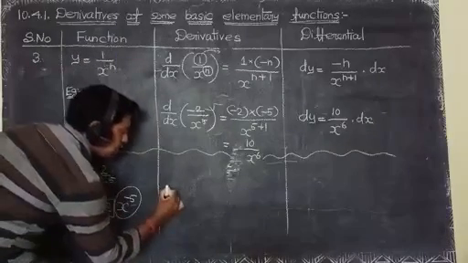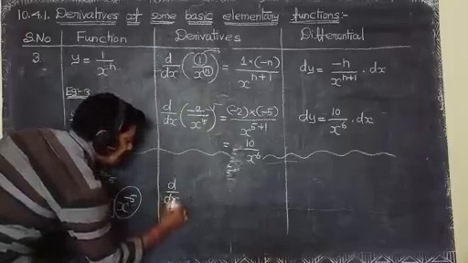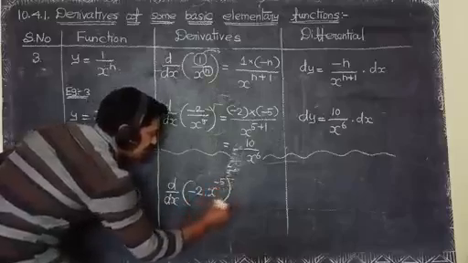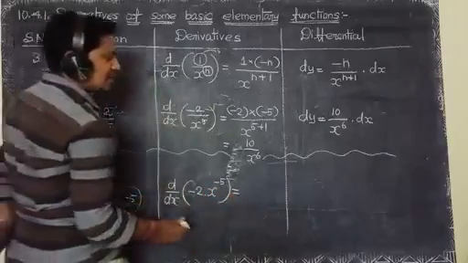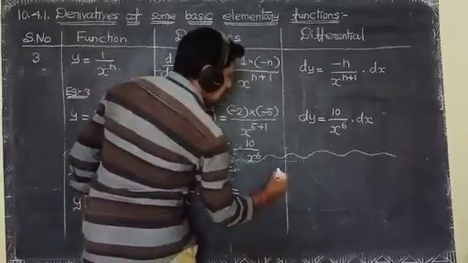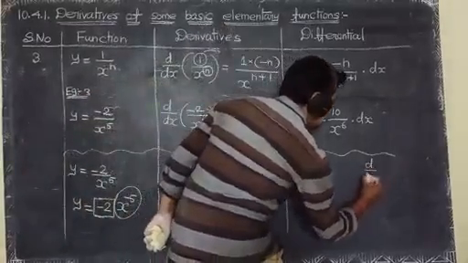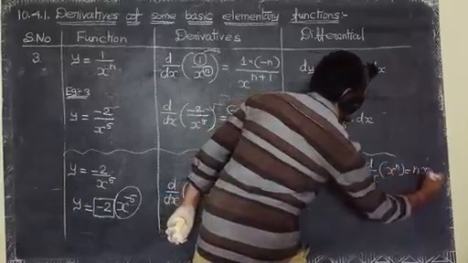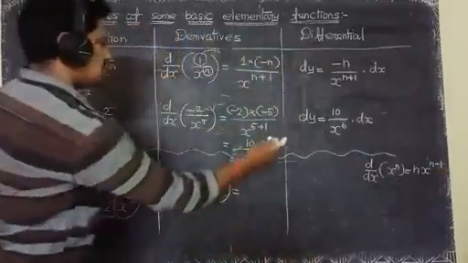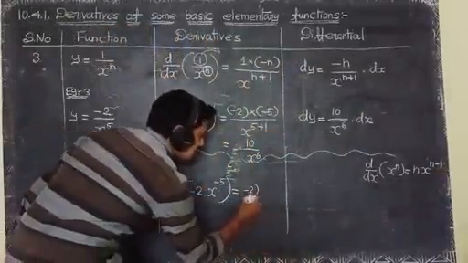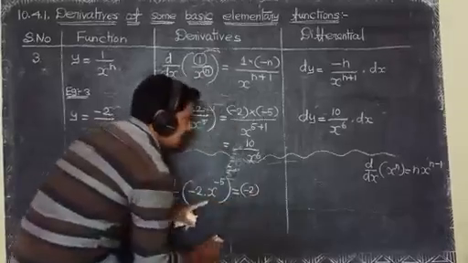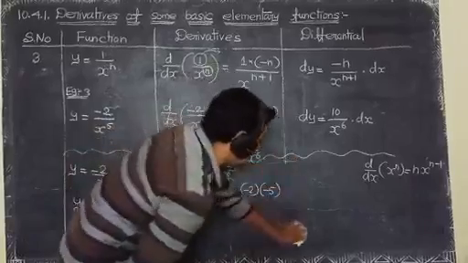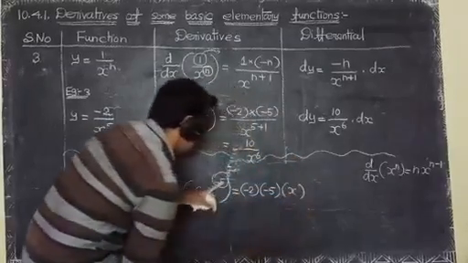Here d by dx of minus 2 into x power minus 5. The formula is d by dx of x power n equal to n into x power n minus 1. Using this formula, minus 2, this is the constant, into n into x power n minus 1.